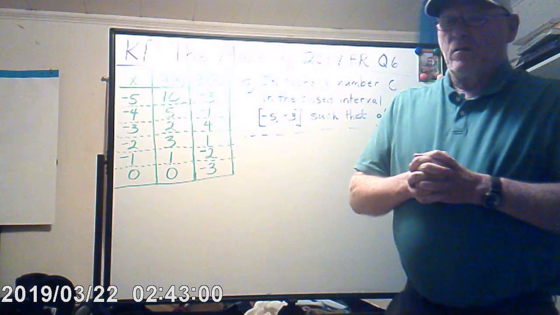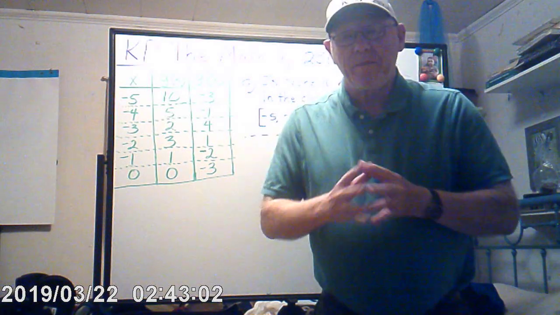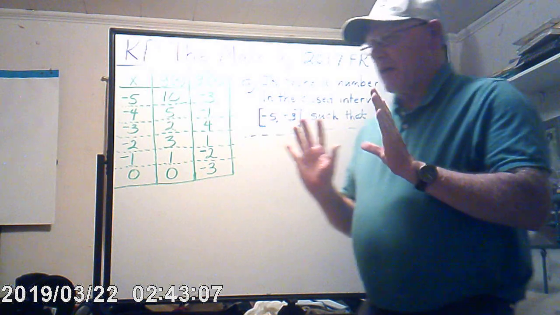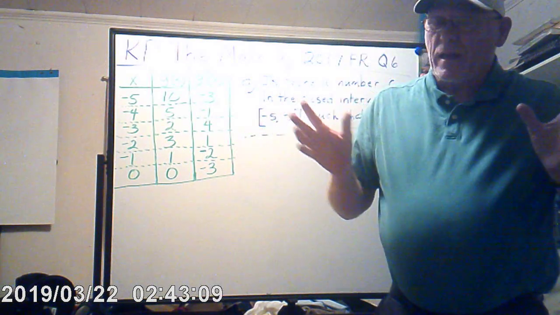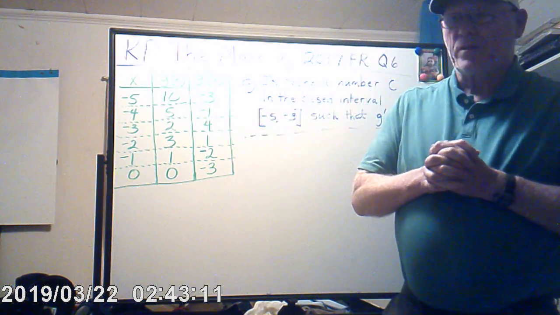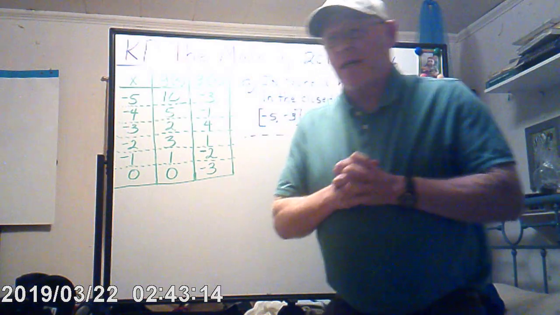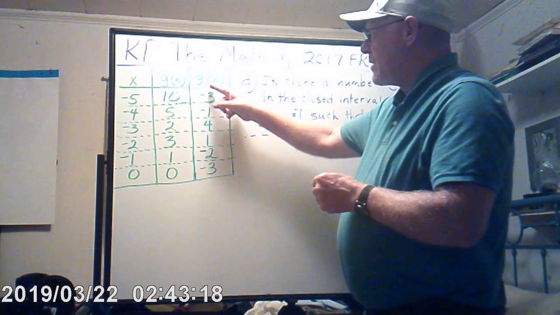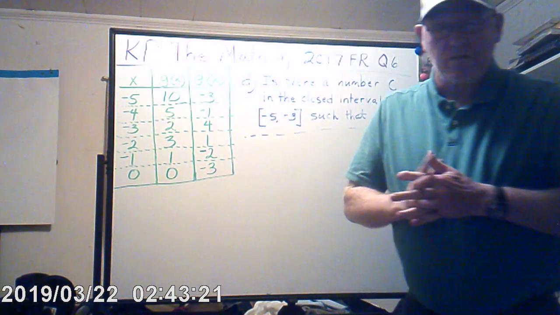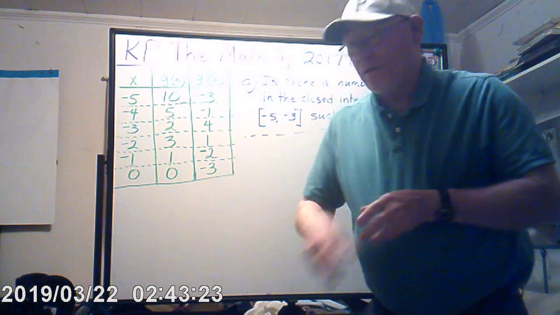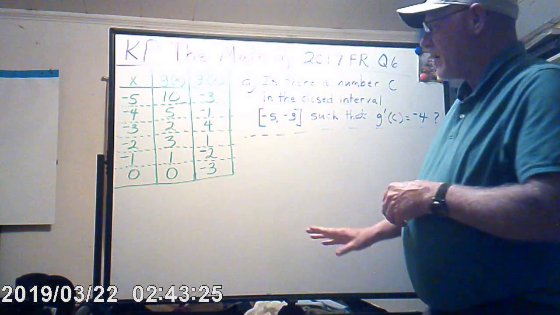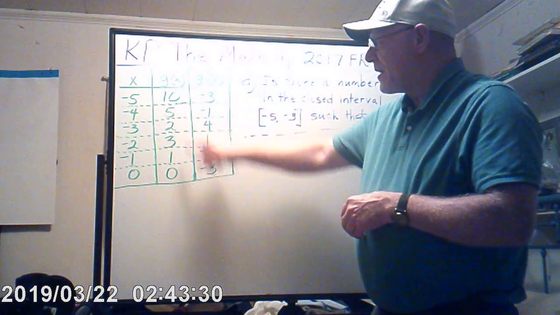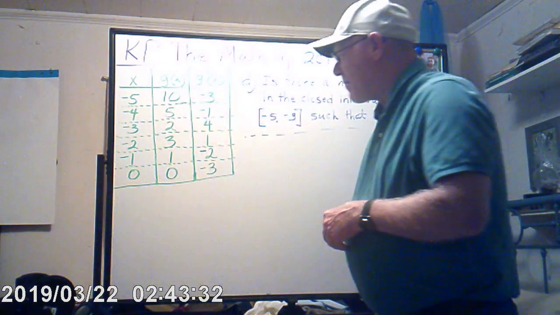Whether you're a student or a beginning teacher, this is your first year, just know that, and I can't help but believe that you teachers know this, but just as a refresher, if anything is differentiable, it is continuous. Anyway, these are the values. Here's x, g at x, and then g prime at x.